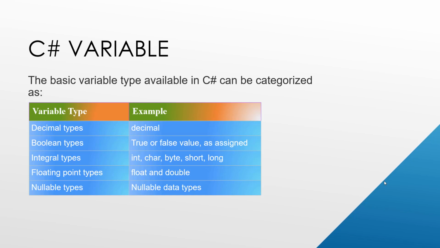For the decimal type, we have decimal. For the boolean type, we have the value true or false. For the integral type, we have int, char, byte, short, long. We can see using the examples. The floating point type will be float or double; there are two types of floating point type. Nullable type means a nullable data type, where we can assign a null value to that data type.